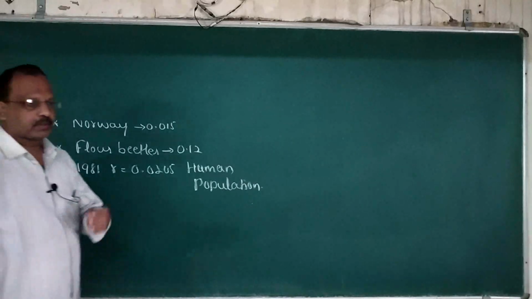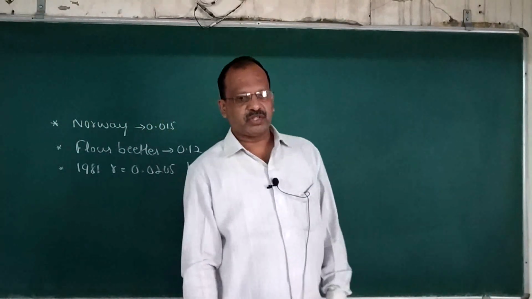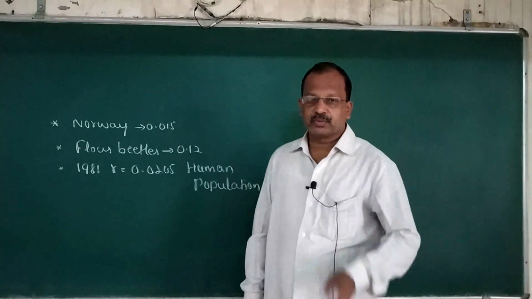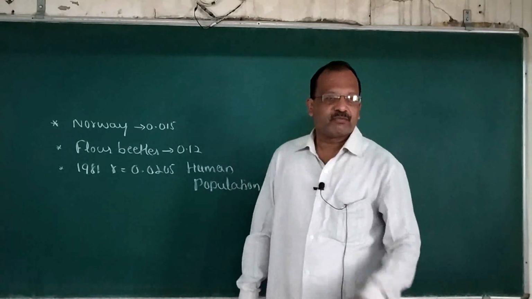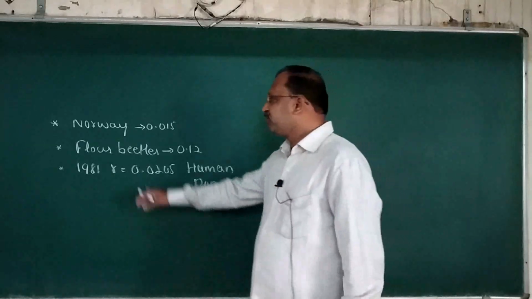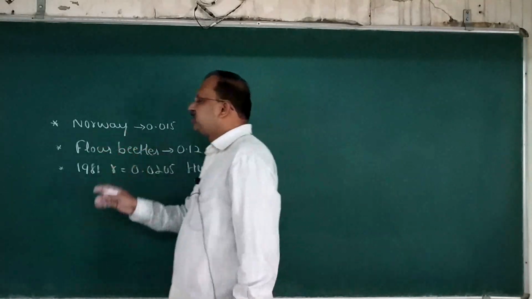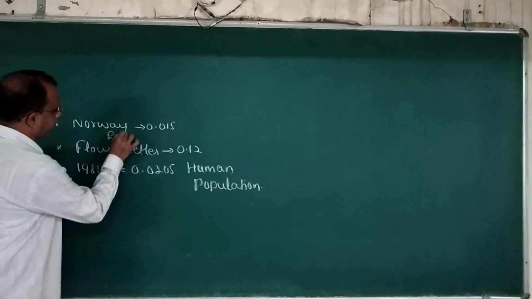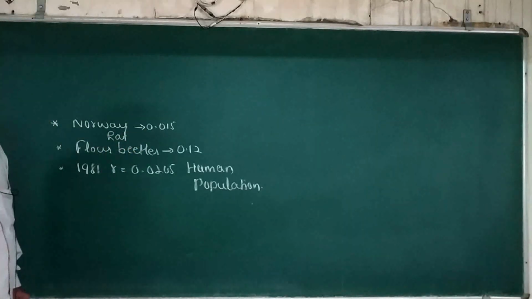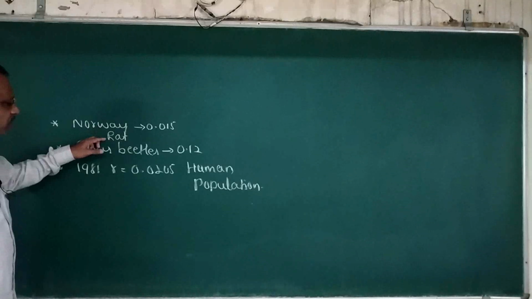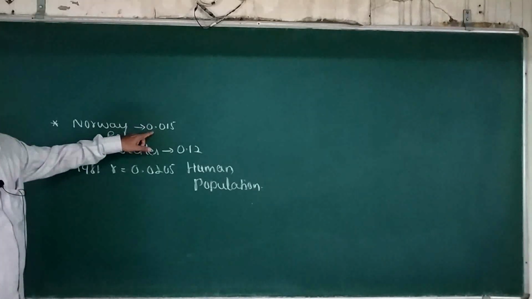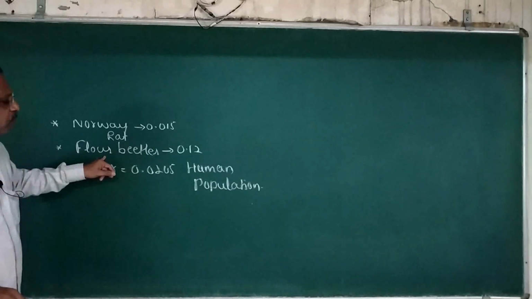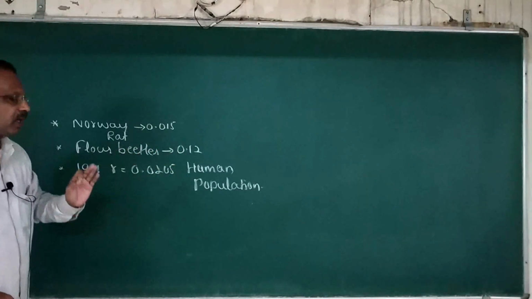Now dear students, please remember three important points for CET purpose. The magnitude of the r value for the Norway rat is 0.015. The r value for the flour beetle is 0.12.